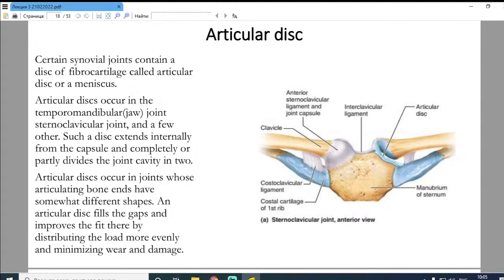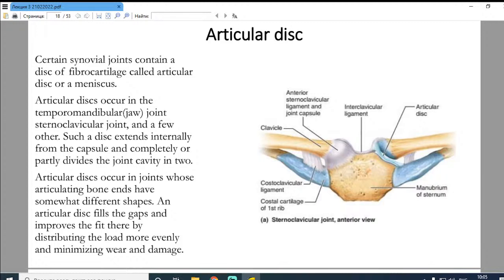Articular discs occur in joints whose articulating bone ends have somewhat different shapes. An articular disc fills the gaps and improves the fit, thereby distributing the load more evenly and minimizing wear and damage.